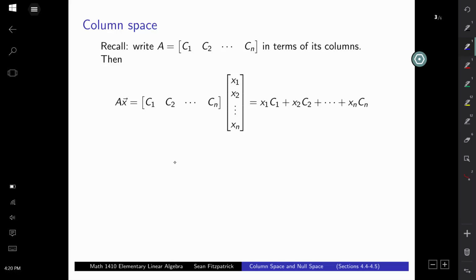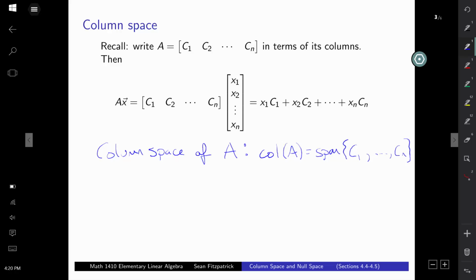So the column space of A is denoted by col A, and it's simply the span of the columns using this notation up here, column 1 down to column n, right? So the column space is just all the possible linear combinations you can form from the columns.